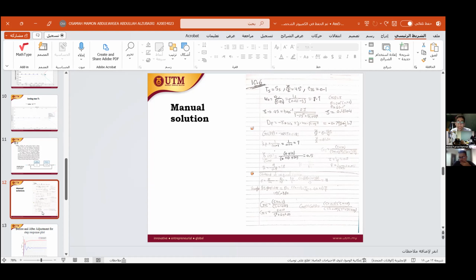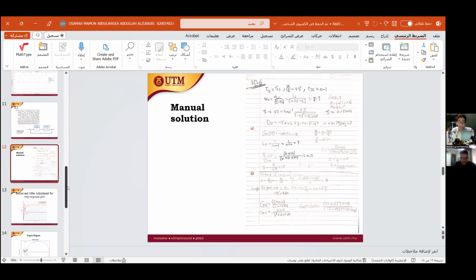Then I brought our natural frequency WN using the equation. After that, I went to bring our dominant pole, negative zeta WN plus j WN, so we have here the real part and the imaginary part of our dominant pole.